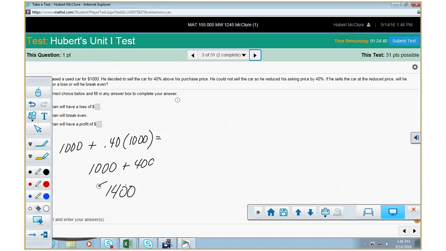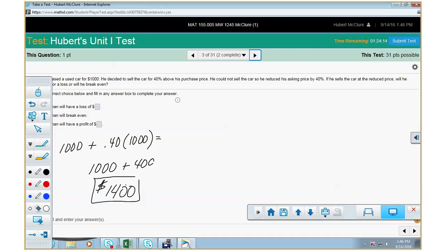So he's asking $1,400 for this car, and he puts it out there on the side of the road, puts a $1,400 sign on it, and it sits out there, the crickets are chirping. So he decides to take 40% off.